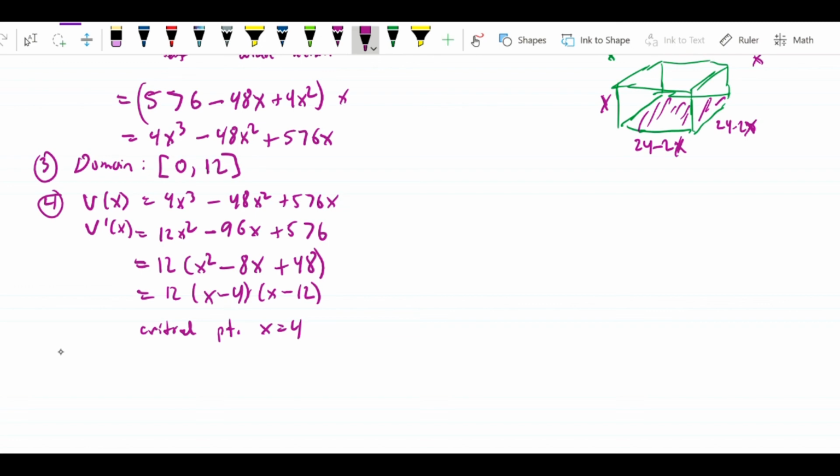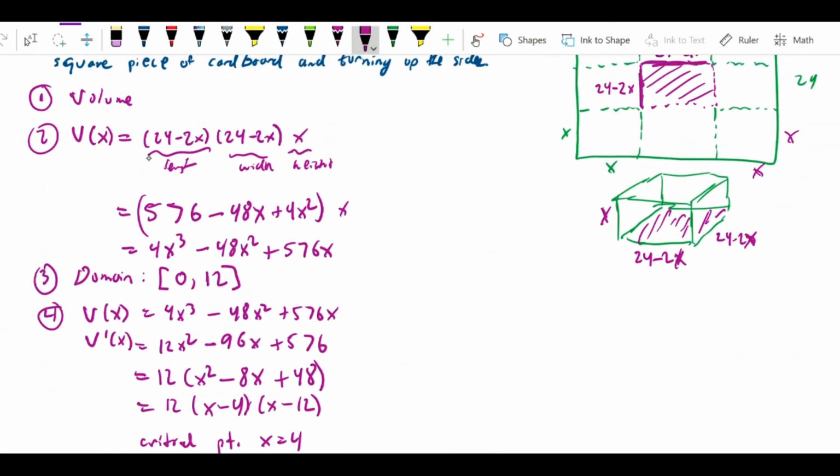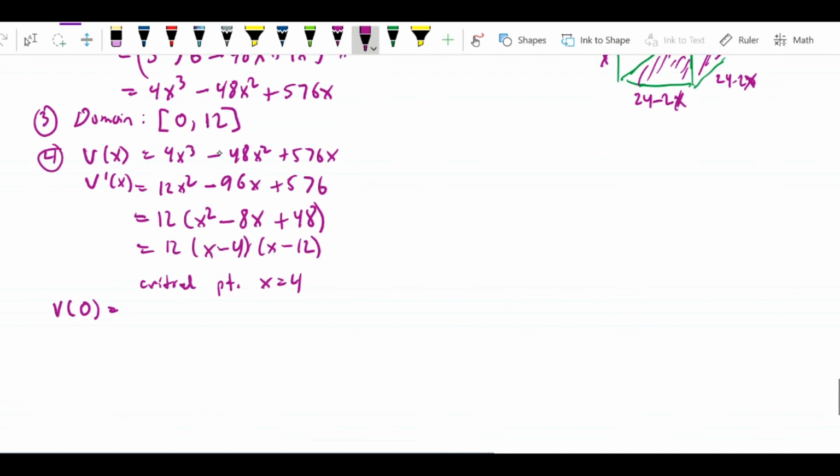Now I want to check the volume at the endpoints. V of 0: if you look at the definition of V of x in factored form, if I plug in 0, then I'm going to multiply 24 by 24 by 0, which gives me 0. If I plug in the other endpoint 12, I get 24 minus 2 times 12, which is 24 minus 24, so each of these factors in parentheses comes out to 0.